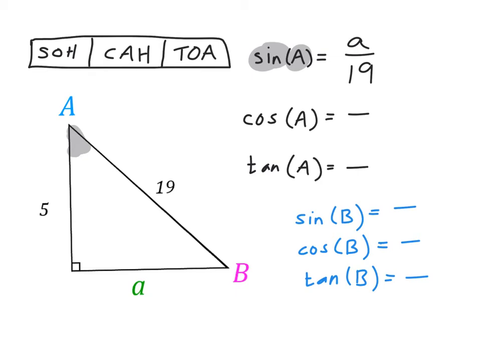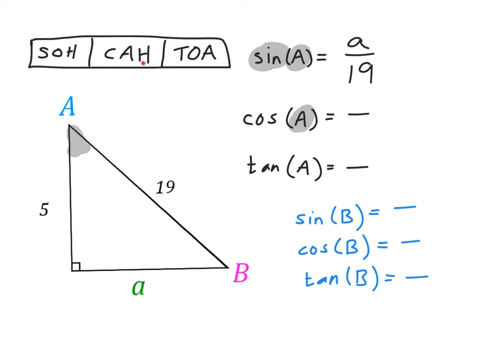Okay, so next let's go ahead and do the cosine. Again, it's from the same reference angle of angle A. So I'm going to start in the same position. And the cosine, well, that starts with a C, so I'm going to use the C phrase here, which is CAH. So in the SOHCAHTOA, I'm going to use CAH. C is for cosine, A is for adjacent, H is for hypotenuse.